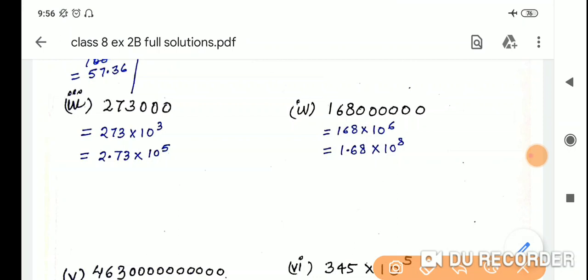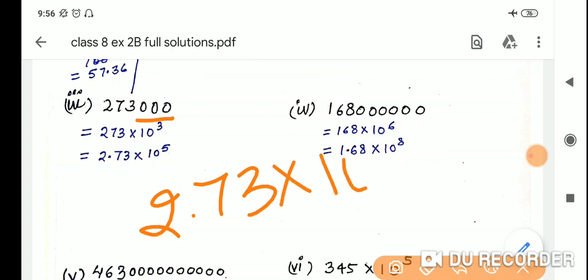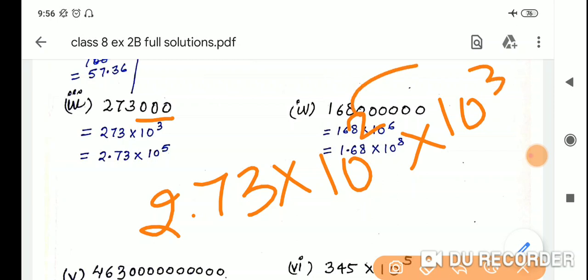The next part is 2,73,000. Here 3 zeros are there, so 273 multiplied by 10 raised to the power 3. Now 2.73 multiplied by 10 raised to the power 2, multiplied by 10 raised to the power 3. Here powers will be added, 2 plus 3, 5. So 2.73 multiplied by 10 raised to the power 5.